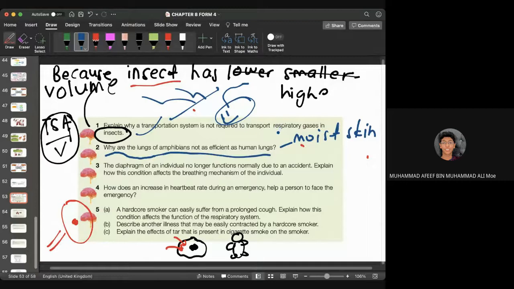So almost all gas exchange in humans takes place in the lungs, while most gas exchange in amphibians such as frogs occurs at the skin.